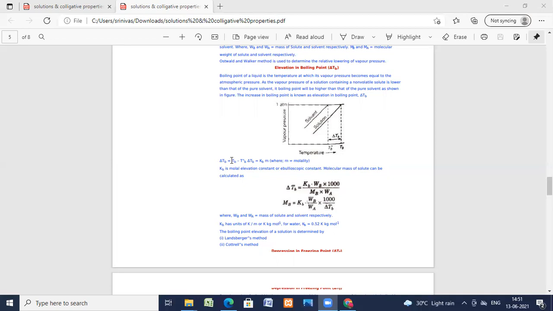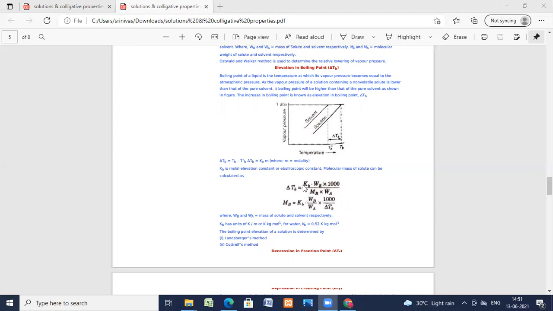Previously, for the lowering of vapor pressure also, we calculated the relative lowering of vapor pressure and, using that, the molecular weight of the solute in a solution. Now here also, delta TB is equal to KB into WB into 1000 by MB into WA.